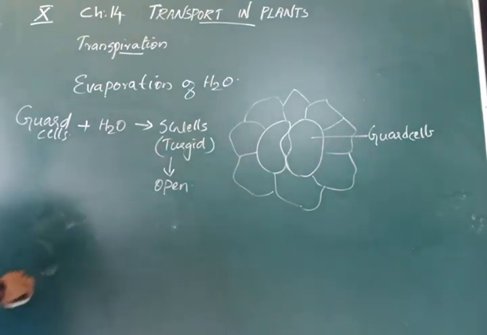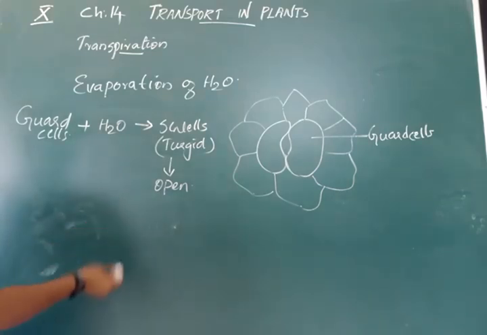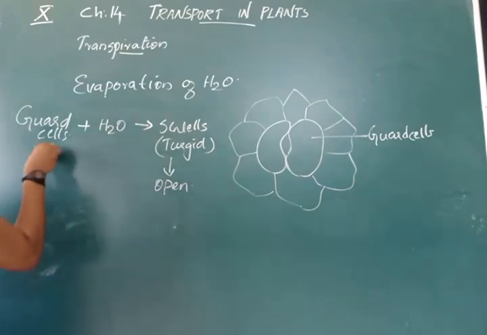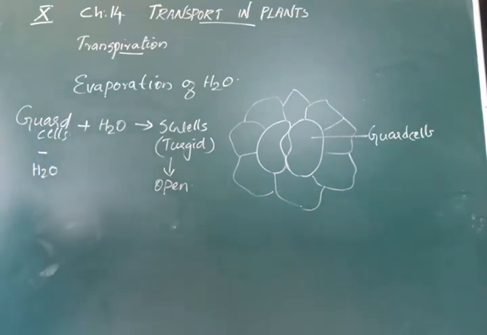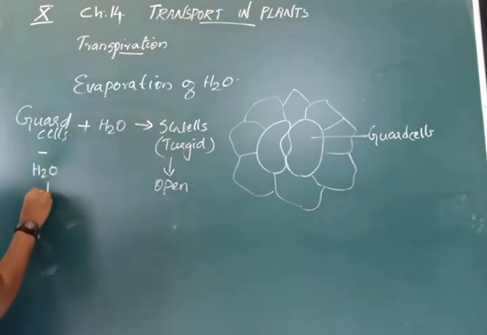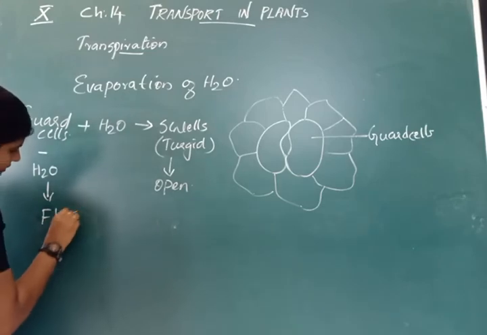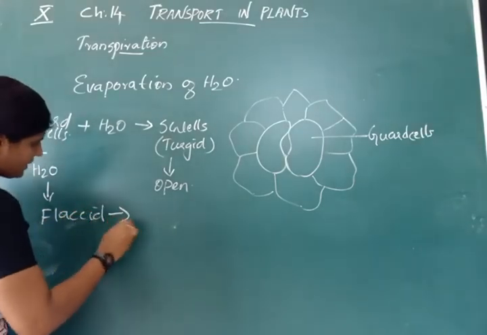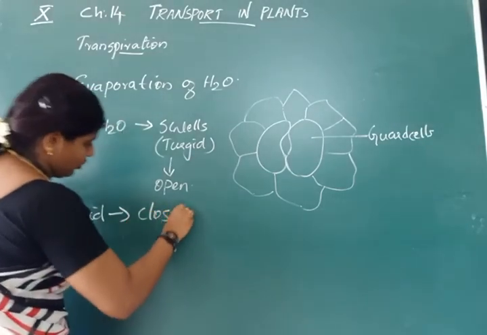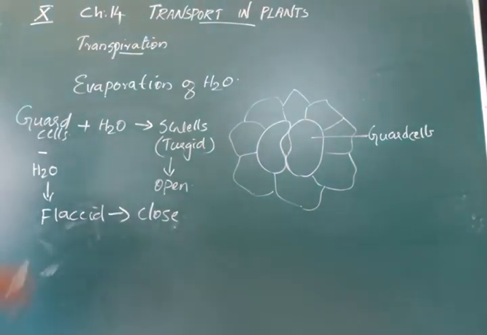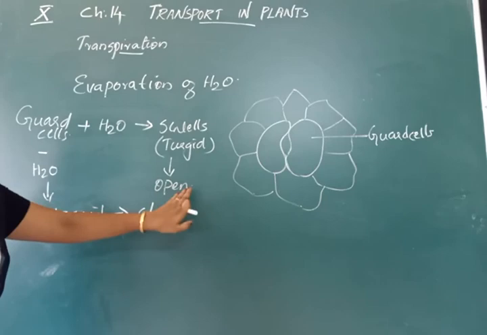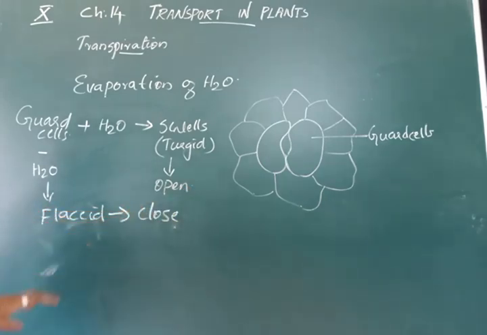And how do the stomata close? When the guard cell loses water, it becomes flaccid and the stomata become closed. When the guard cell absorbs water, it becomes turgid and the stomata open.